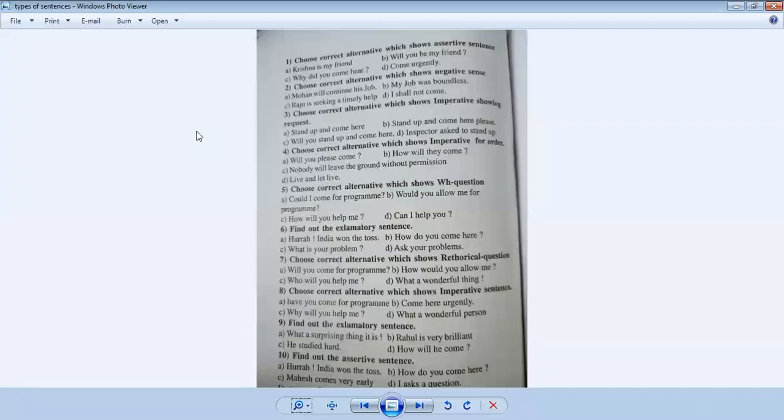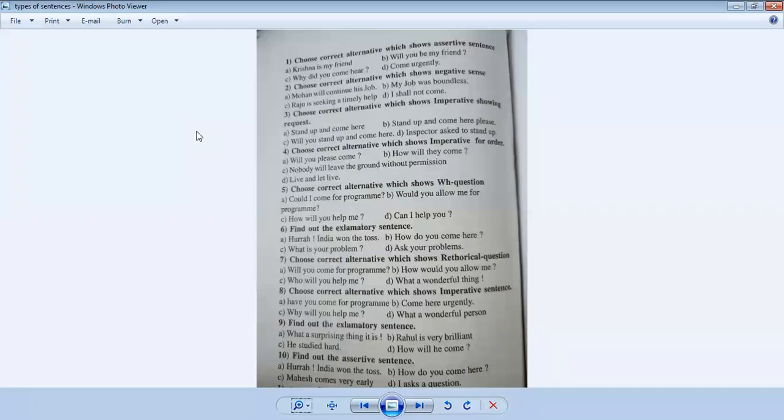Yes, option C is correct. Fifth one. Choose the correct alternative which shows a WH question. Which is the correct option? Option C. Right. How will you help me?